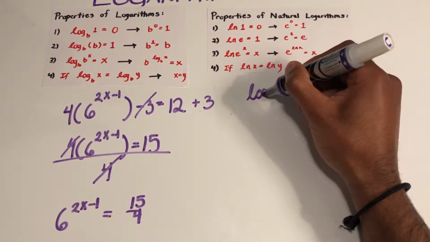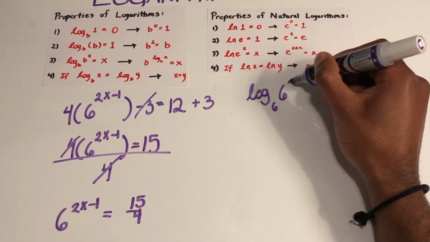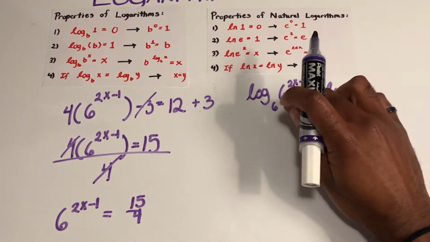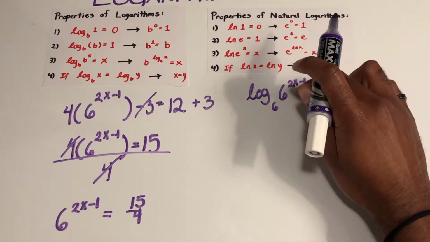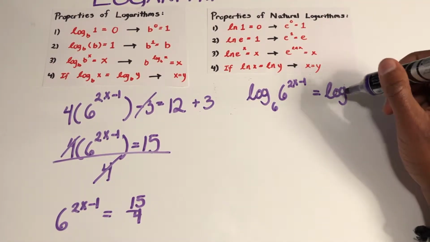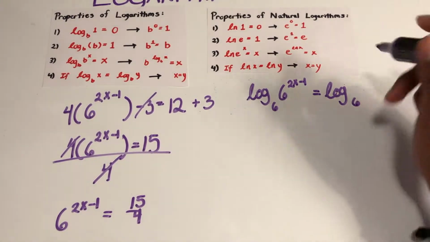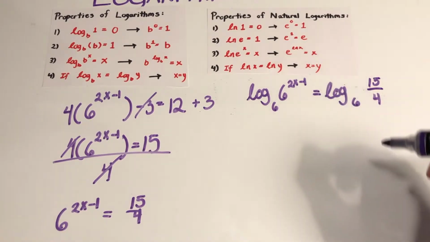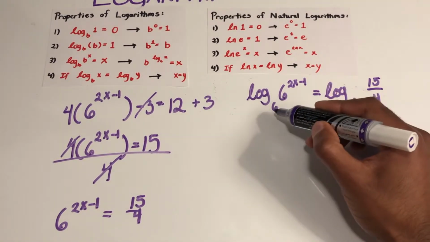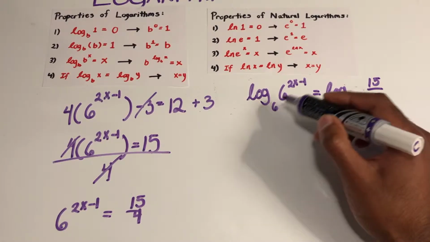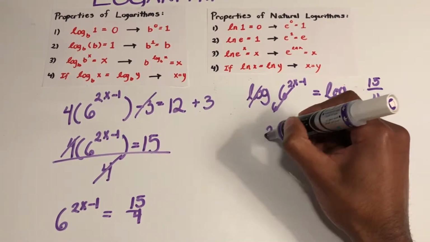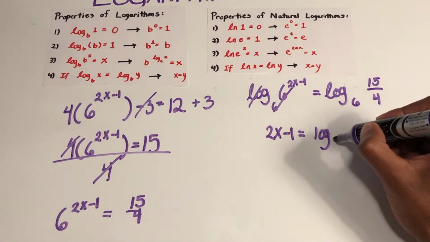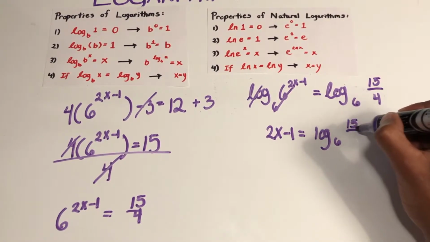That means we can eventually get rid of the 6 here, and we're left with 2x minus 1. Now the bases need to be the same, so log base 6 of 15 over 4. Since the base is the same, this is all going to cancel. We're going to end up with 2x minus 1 is equal to log base 6 of 15 over 4.